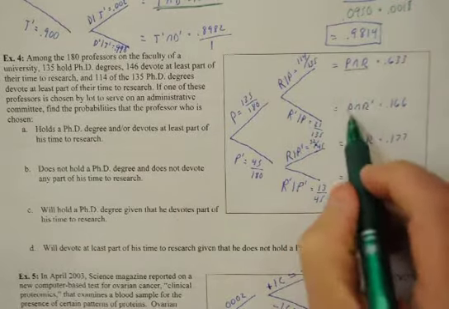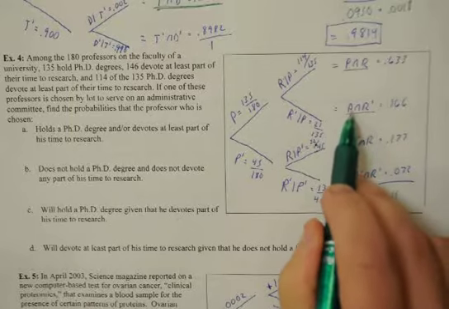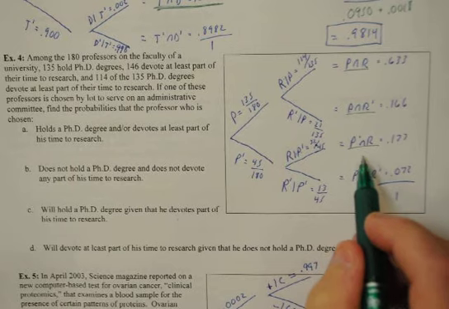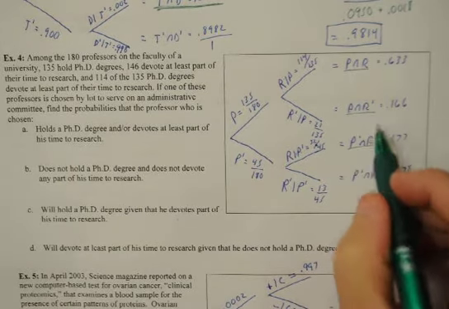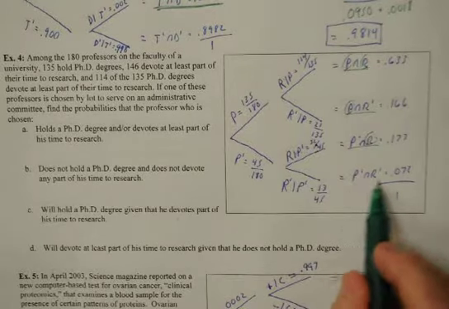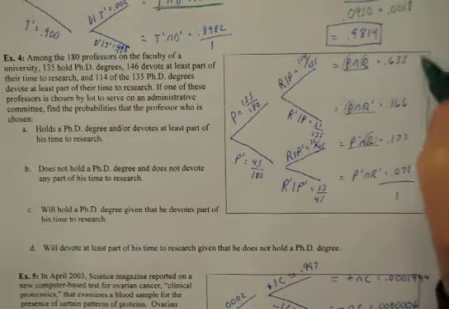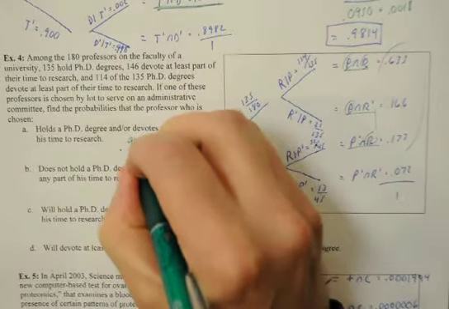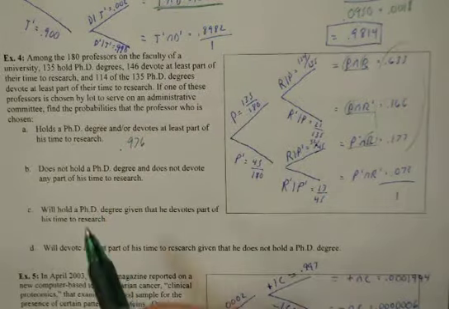These people have a PhD and or research. These people have a PhD and or research. These people are not counted. So we're basically going to add up all these three right here. When you add those three up, you get 0.976.